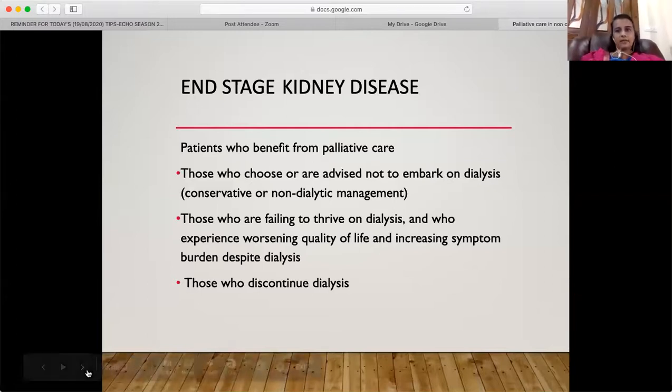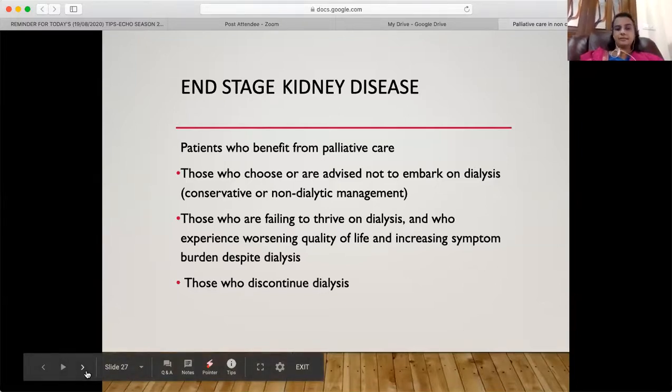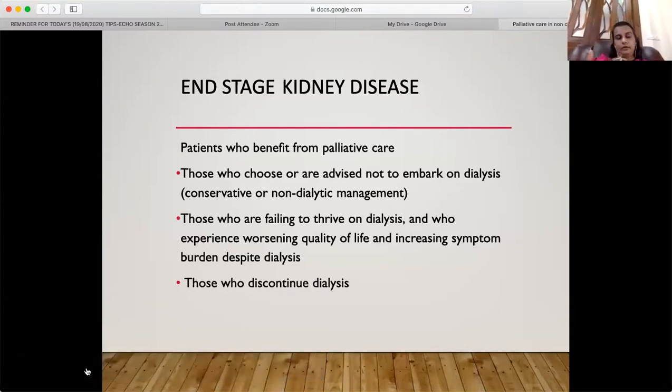The other set of patients are those who are failing to thrive on dialysis. So they're going for dialysis, they're having thrice weekly dialysis, but they have worsening quality of life and increasing symptom burden despite dialysis, then the palliative care has a role. And those patients who discontinue dialysis, definitely, palliative care has a role.